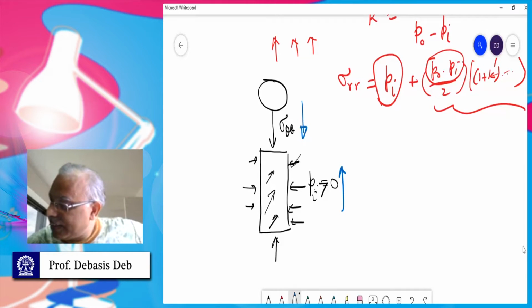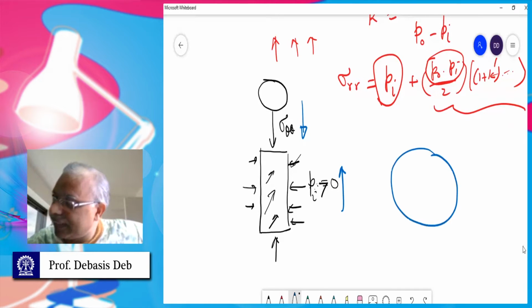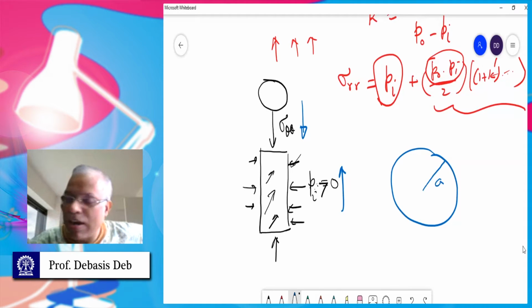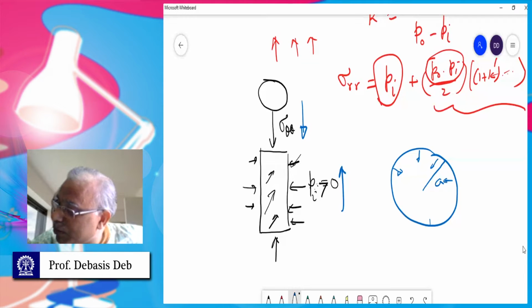See, when there is a tunnel of radius A and you have that P naught, K P naught, you are expecting these to come down also, right? Expecting there are some displacements.